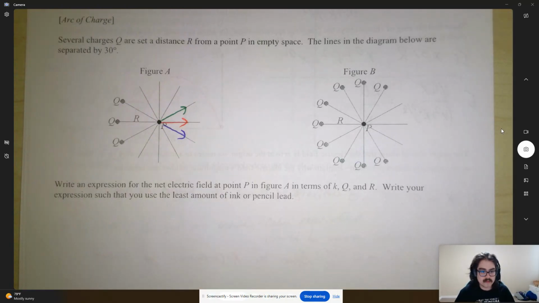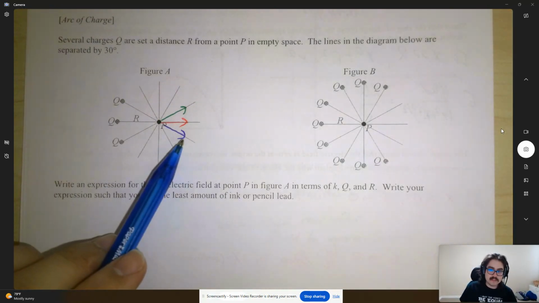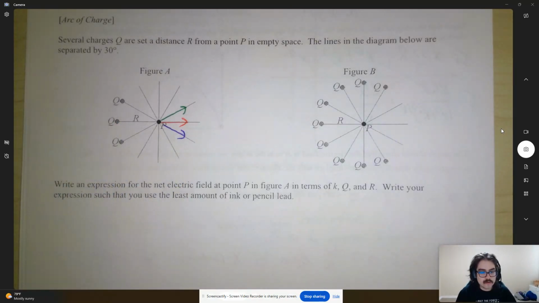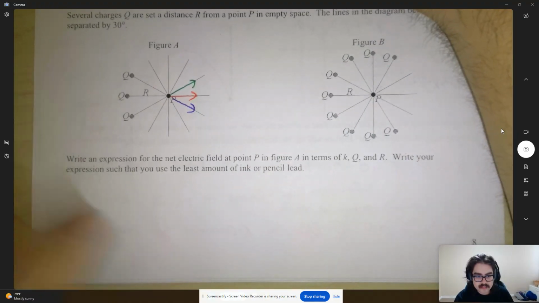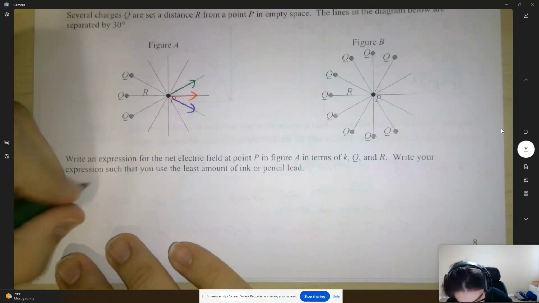The vertical components are all going to cancel out, and so you're going to end up with just this net horizontal field.